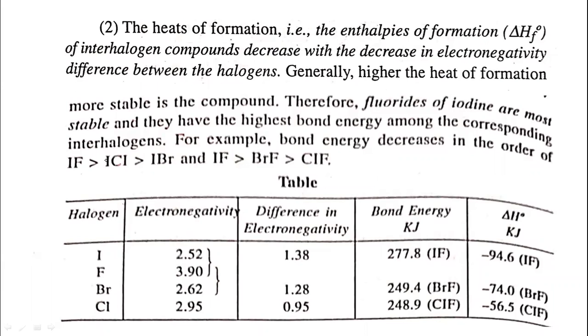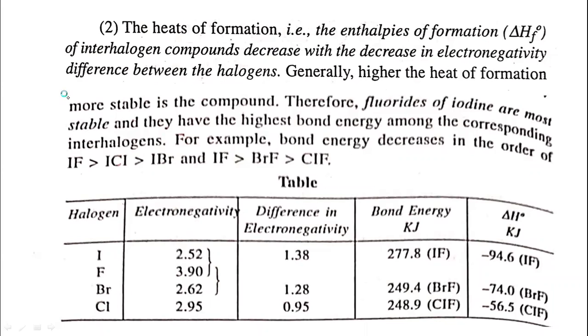Now the second property, the heat of formation or enthalpy of formation, delta H F naught. The heat of formation is the heat energy released during the formation of 1 mole of the interhalogen compound.